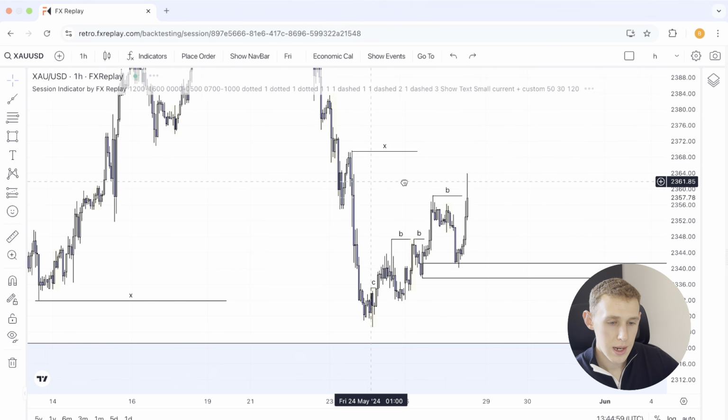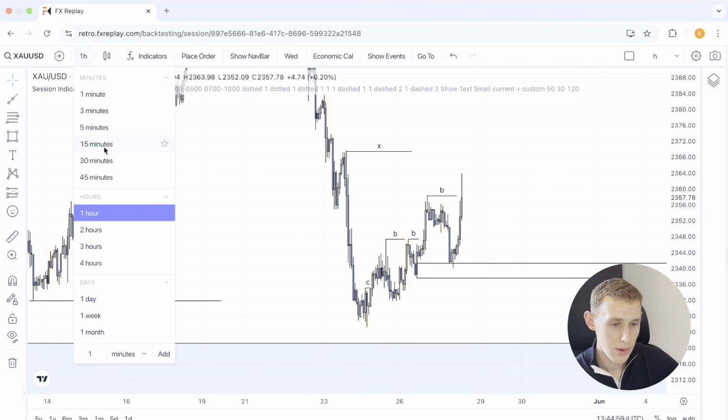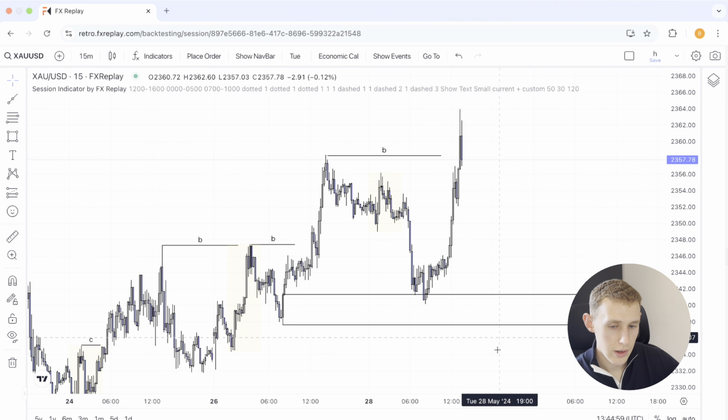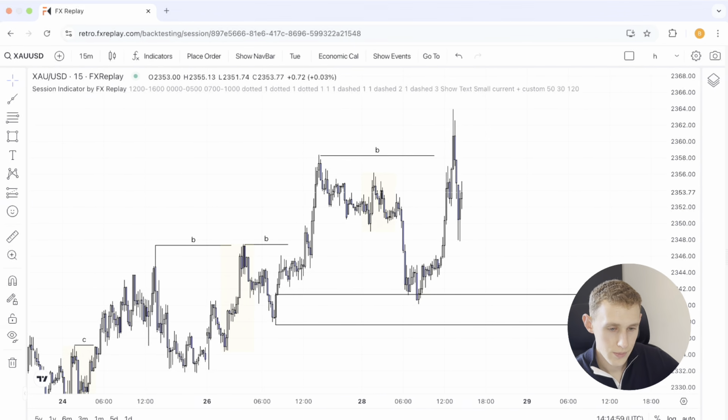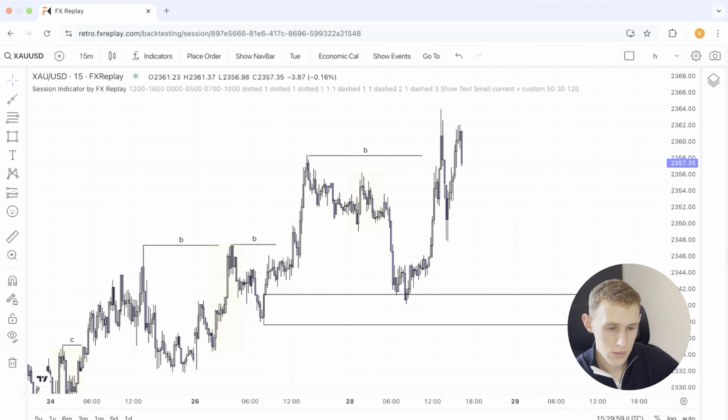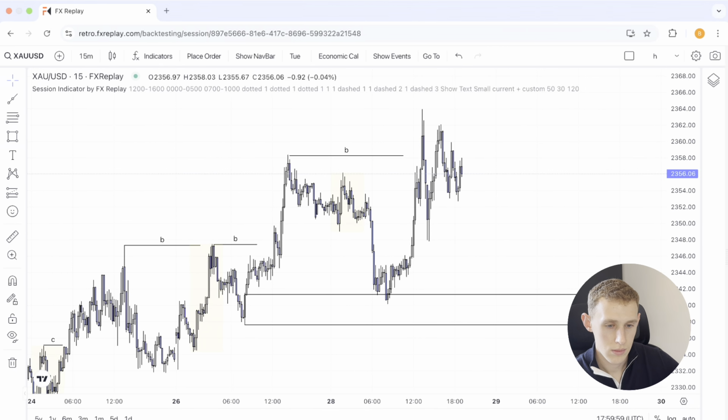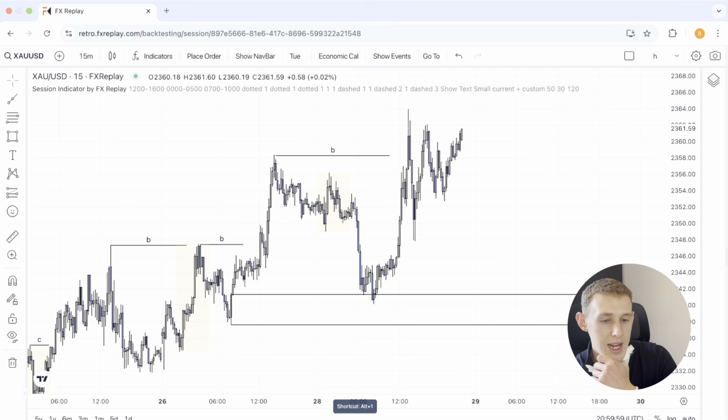Again, still looking to take price up into at least that high. So we could look for another opportunity here. Not seeing anything yet though.